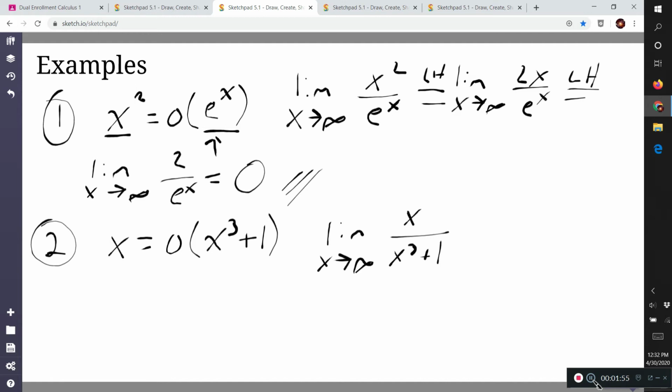In this one, I'm going to go back to a trick that we learned a long time ago, and that is if we have a rational function, which means polynomial on top, polynomial on bottom, then there's a trick that says if the top exponent degree is smaller than the bottom, then that's automatically going to go to 0. Now, if you wanted to L'Hopital it, it would quickly go to being 1 over 3x squared. And you could easily see that it's going to be 1 over infinity, which is also 0. So either one of those is sufficient to prove this is true.